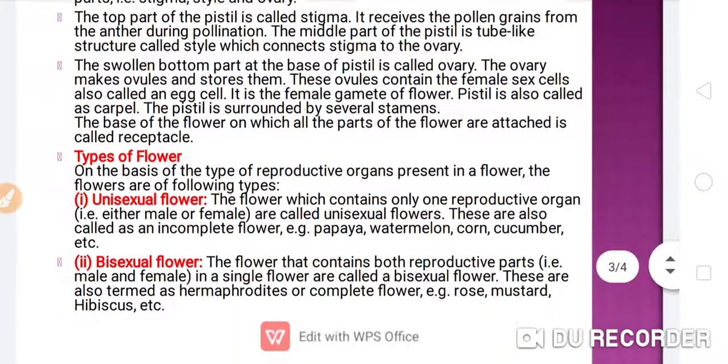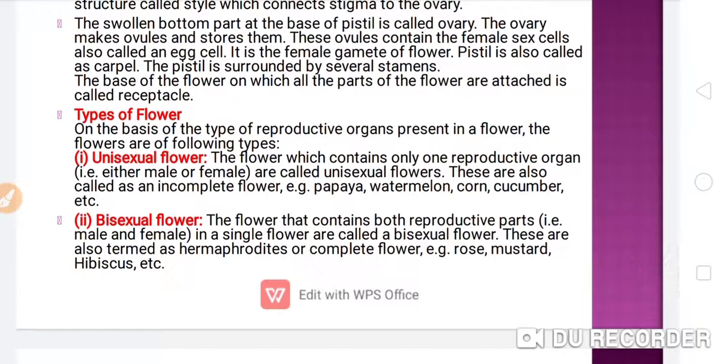Now types of flowers. Actually we can classify flowers into two categories. Number first, the unisexual flowers, and second, the bisexual flowers. Let's see what the unisexual flowers are. The flowers which contain only one reproductive organ, either male or female, are called unisexual flowers.